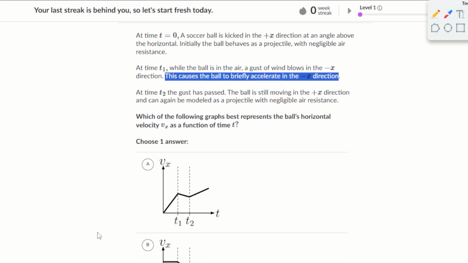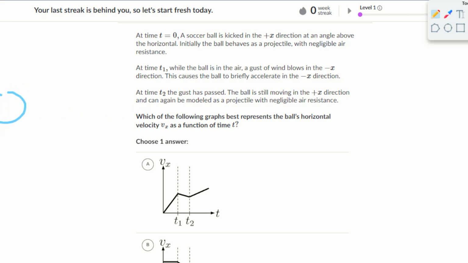So now what's going to make us understand which answer choice is correct is we need to remember one thing about projectile motion. When an object is in projectile motion, it has one force acting on it, and that's the force of gravity.